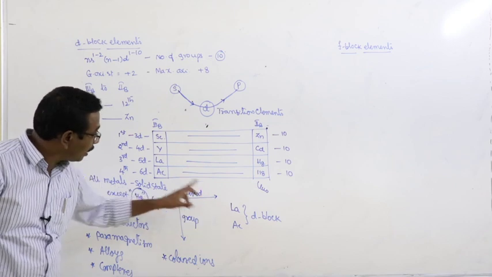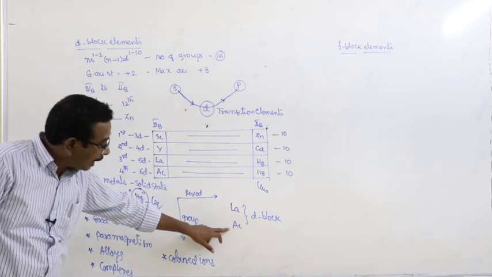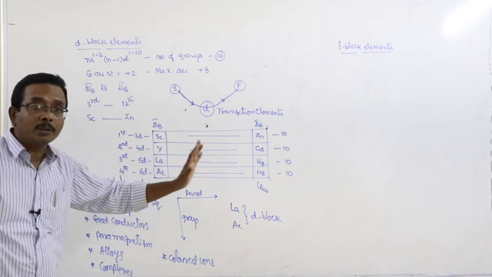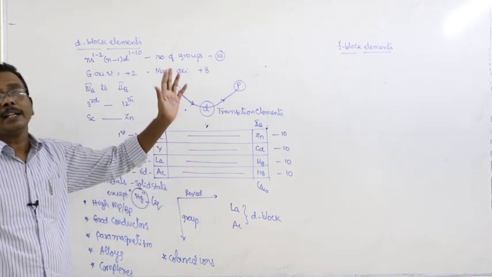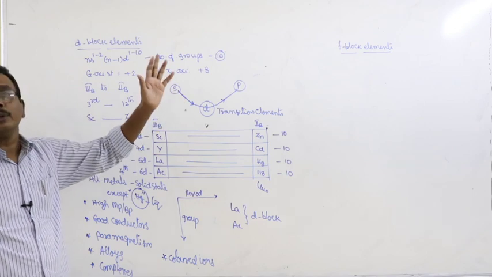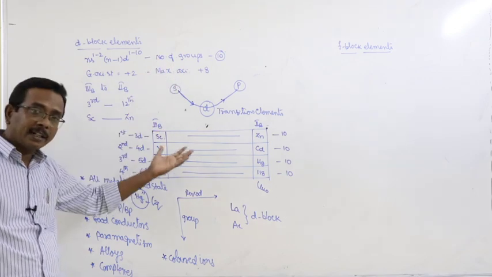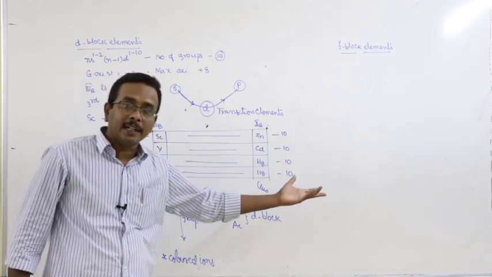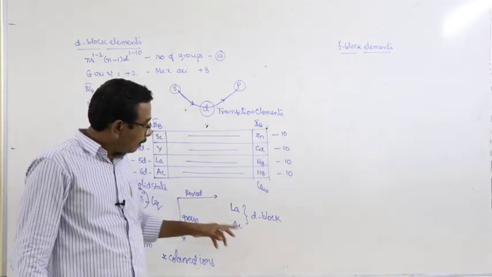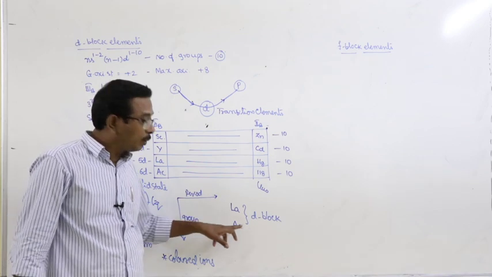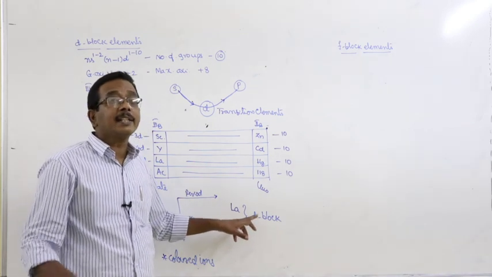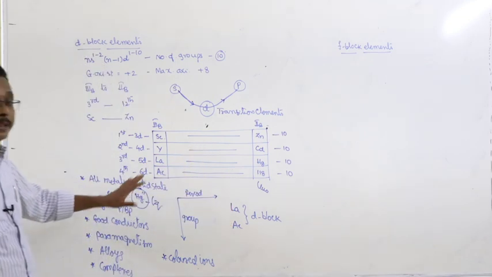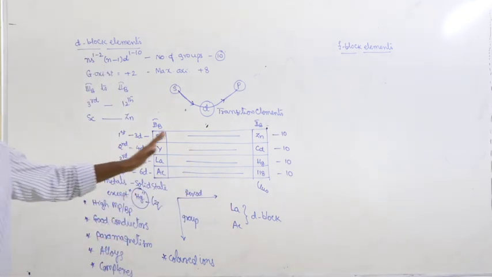Of course, lanthanides from cerium to lutetium and actinides from thorium to lawrencium are represented separately, but lanthanum and actinium belong to the d block. Lanthanides and actinides belong to the f block. That is a very important point, and you have to keep it in mind.